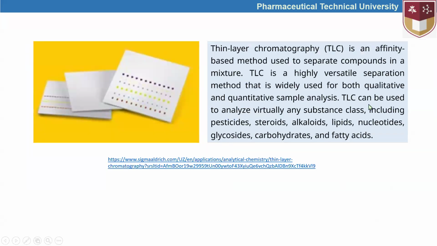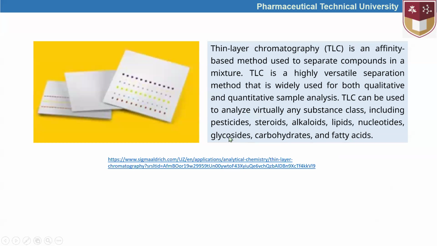And based on the variety of the composition of a mobile phase, it will be possible to separate and identify compounds belonging to different classes, whether they are pesticides or steroids, alkaloids, lipids, nucleotides, carbohydrates, fatty acids, or glycosides.